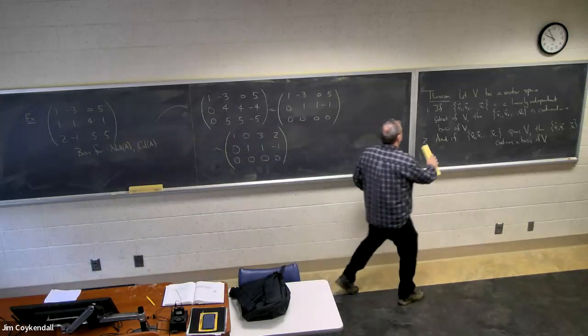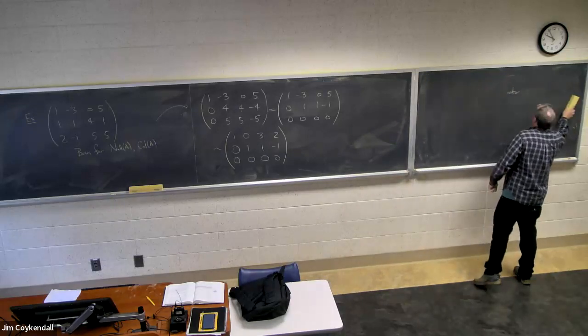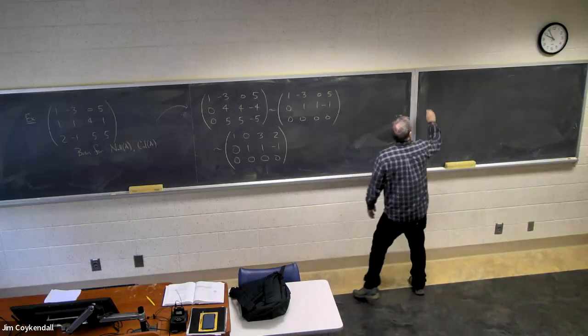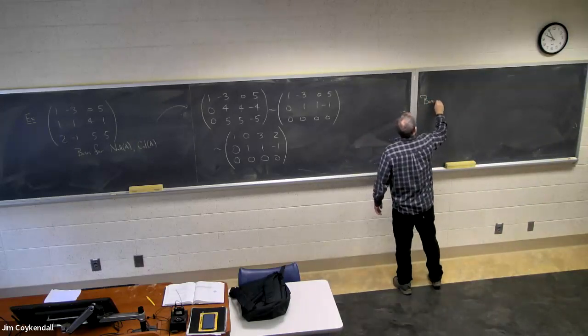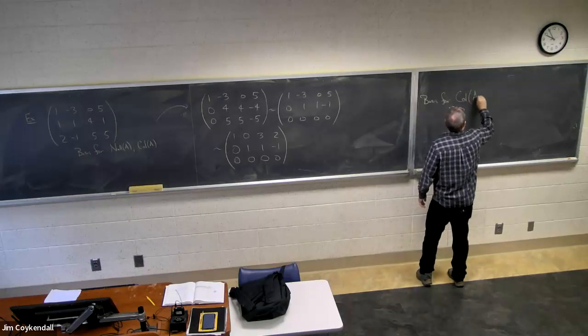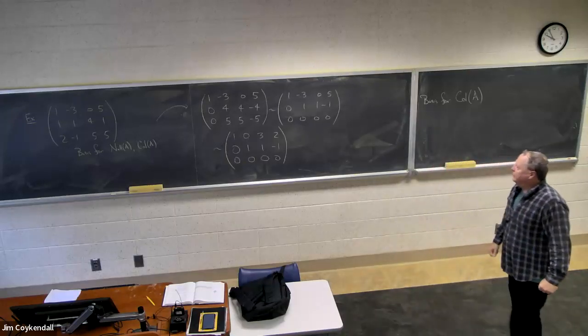Now, this is a good example of having to be careful about column space. What's the basis for the column space?